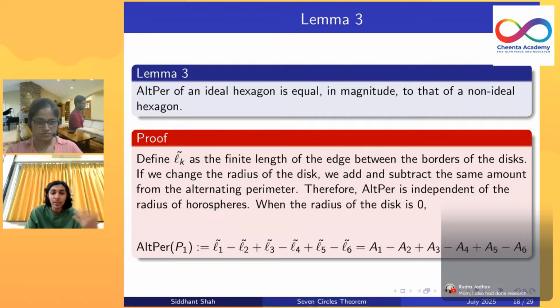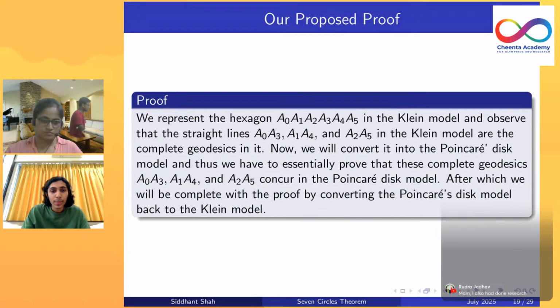So when the radius of the disk, for example, is 0, the alternating perimeter becomes L1 tilde minus L2 tilde plus L3 tilde minus L4, and so on. It becomes an alternating series. Moving on, based on this, we proposed a proof of the Seven Circles Theorem, where we represent the hexagon, for example A0, A1, A2, A3, all the way till A5, in a Klein model.